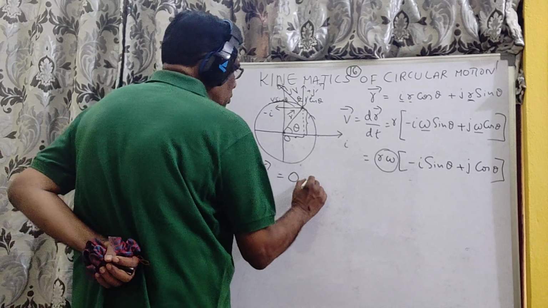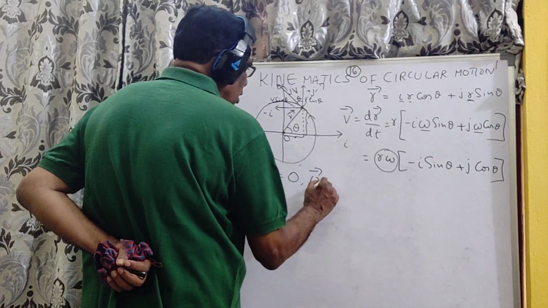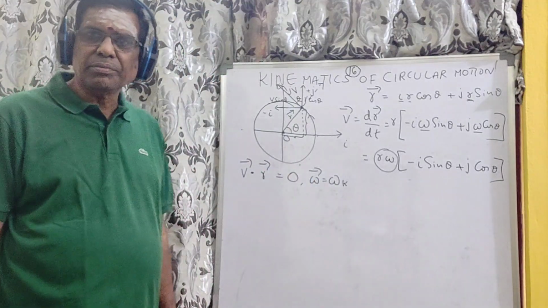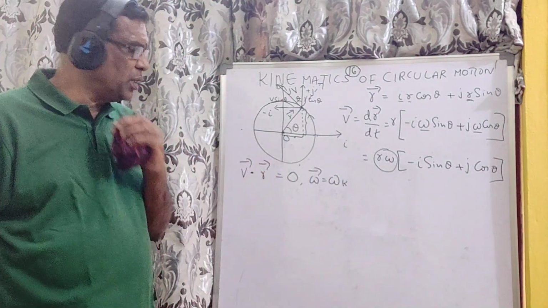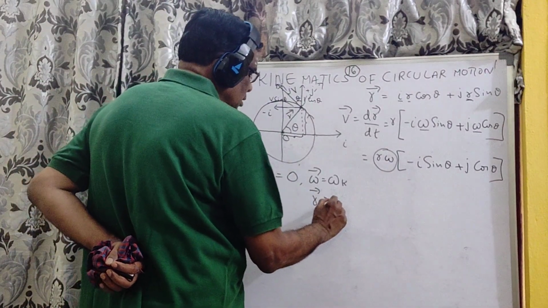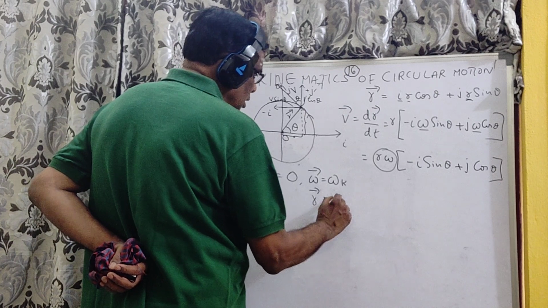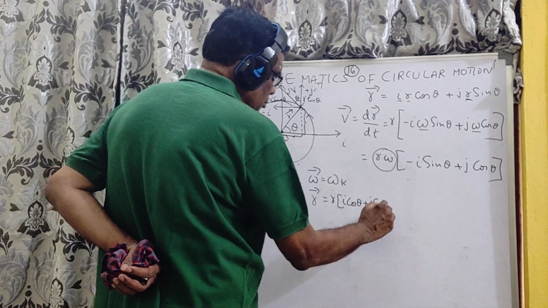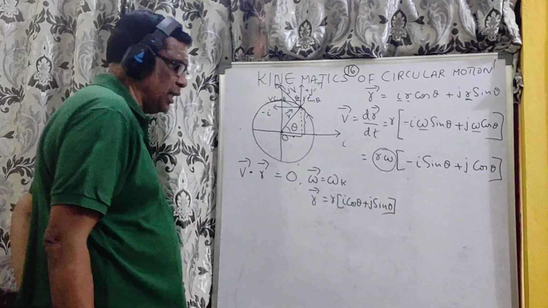I told you omega bar is equal to omega k. Omega bar is omega k. R bar is R into I cos theta plus j sin theta.